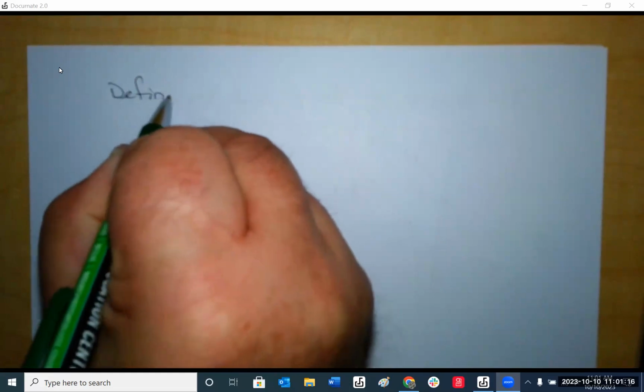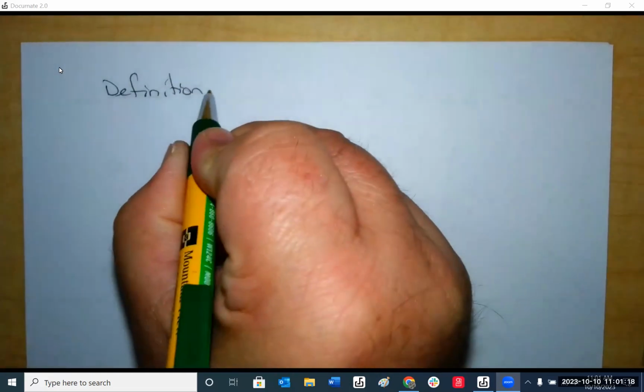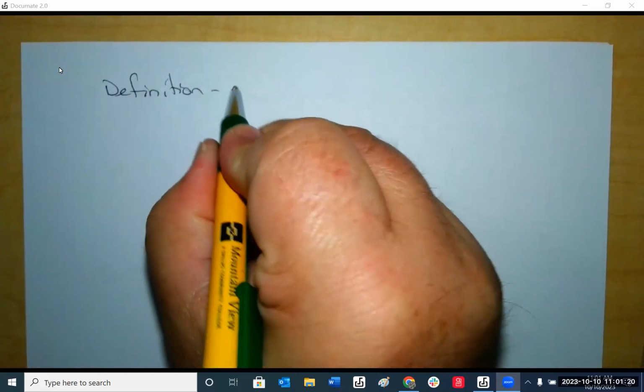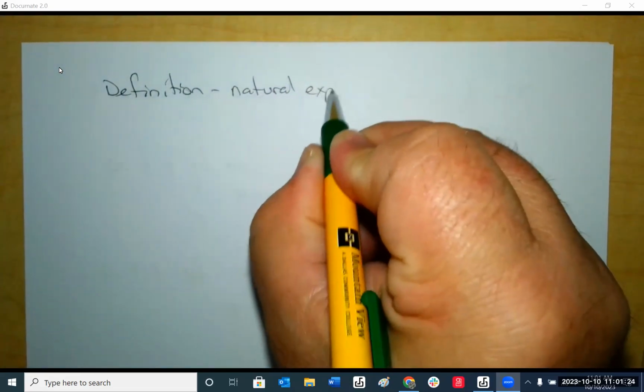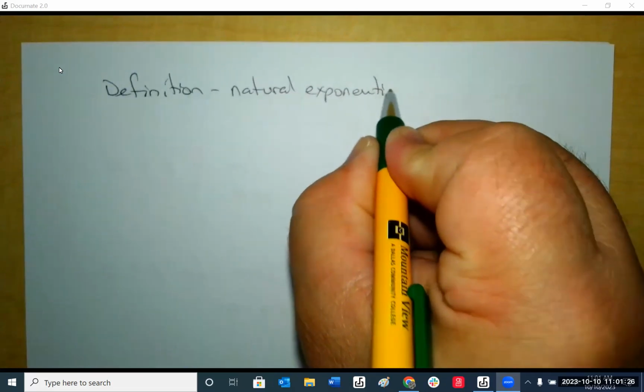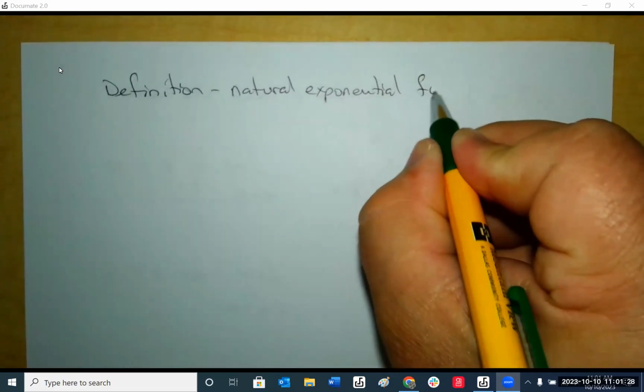Let's look at the definition. The definition of a natural exponential function.